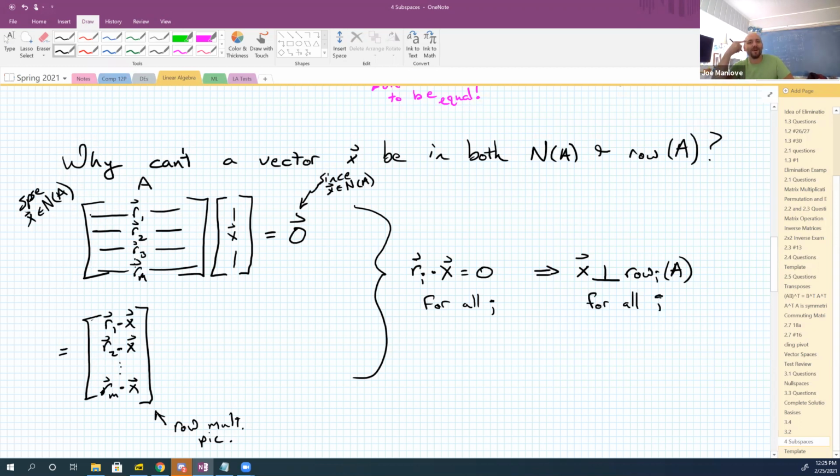So if it's perpendicular to all of the rows, in the like Calc 3 style analogy, this thing's acting like the normal vector to the plane made out of the rows. Now that's a little bit of a lie here because there might be more rows than that, right? You guys with me on that? But this means that if X is in the null space, it's perpendicular to all the rows at the same time.